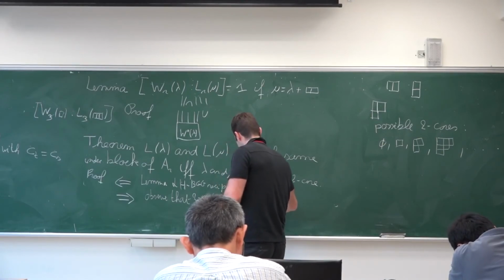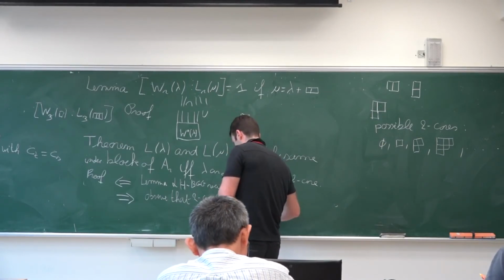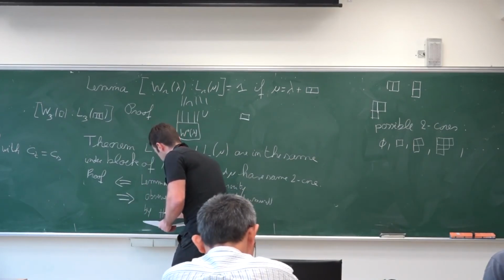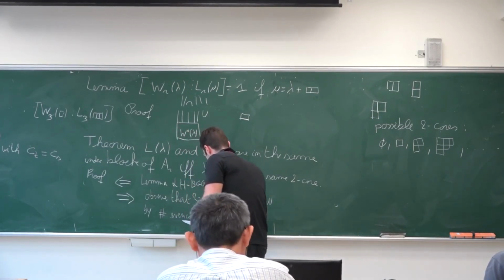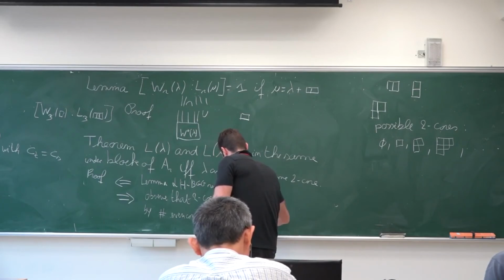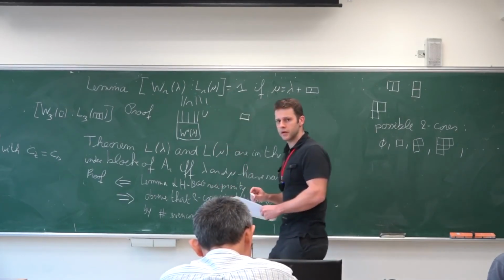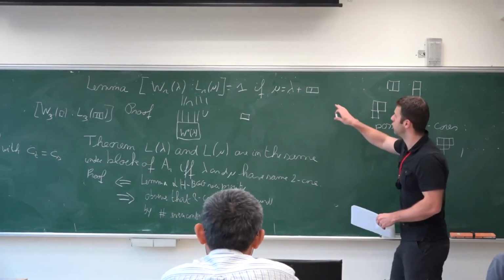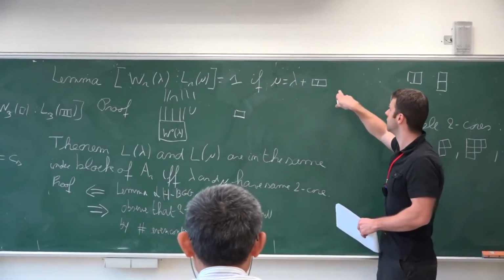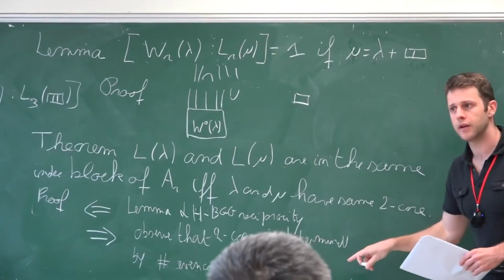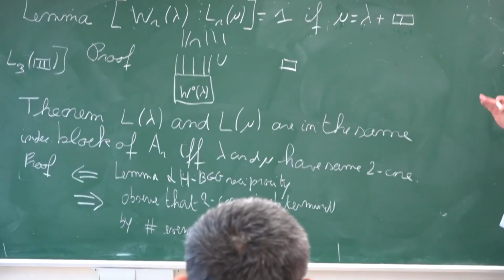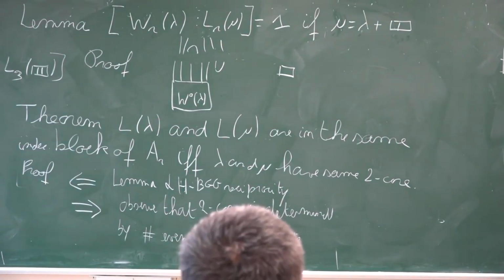The 2 core of a partition is determined by the following number: the number of even contents the partition has, minus the number of odd contents. So clearly, when I remove 2 boxes like that, or 2 vertical boxes, I don't change this number, because I always add or remove 2 boxes. One will have even, one will have odd content. So it just remains to check that this value is different for each of one of these.